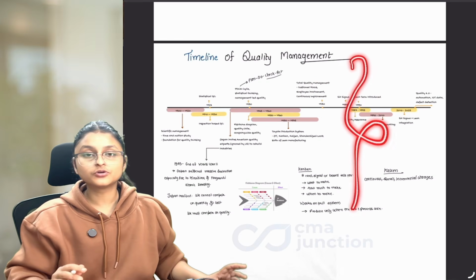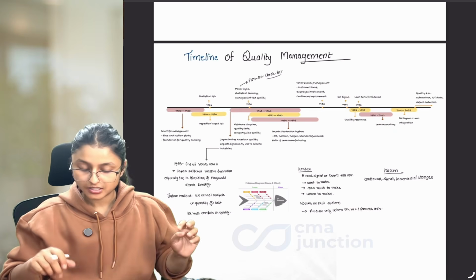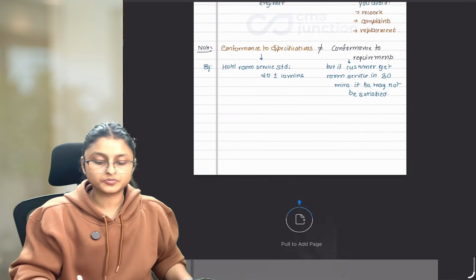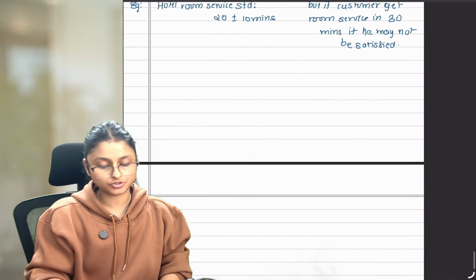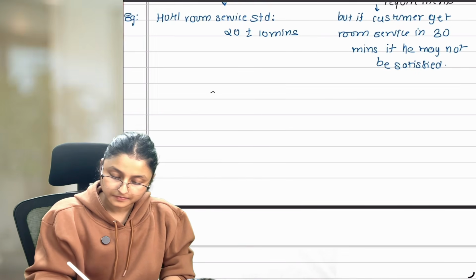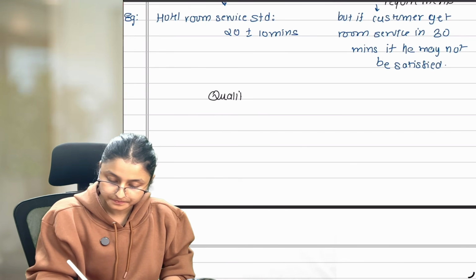Now from here we are going to read something completely different. But before going on to this, let's just write what we understood right now about the manufacturing and service organizations. So, quality in manufacturing organization.